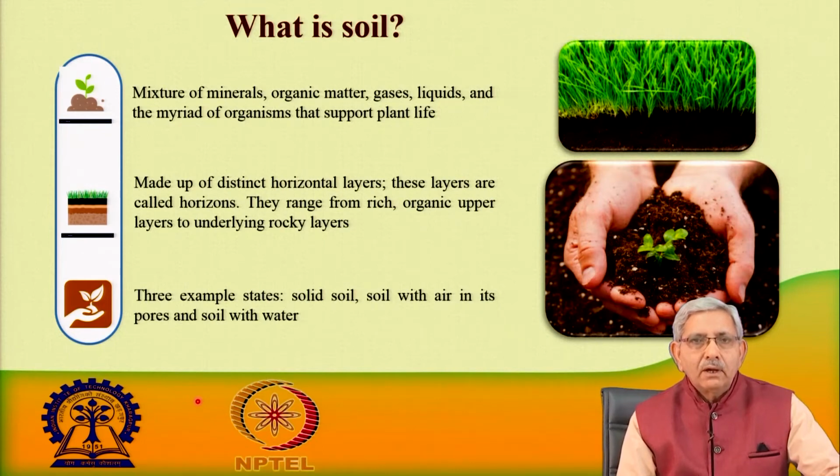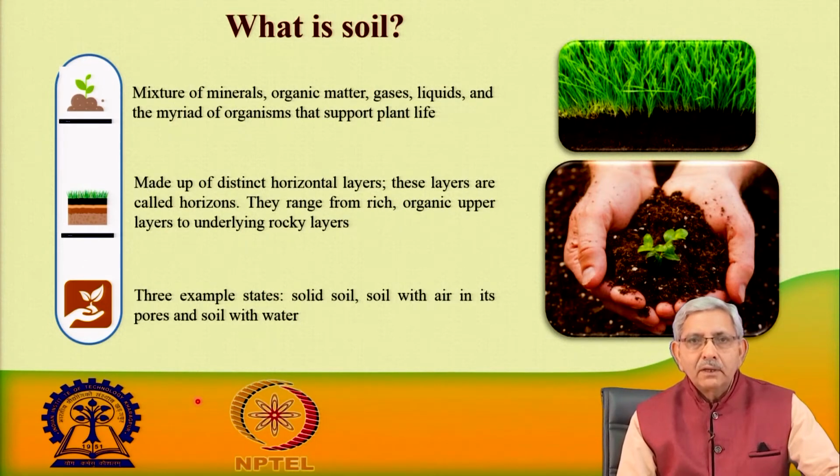When we talk of soil, soil is a mixture of minerals, organic matter, gases, liquid and a myriad of organisms that support plant life. There are several horizontal layers, and these layers are known as horizons.